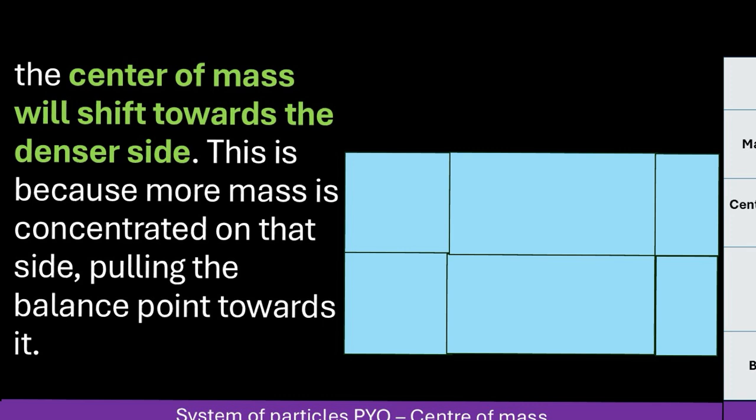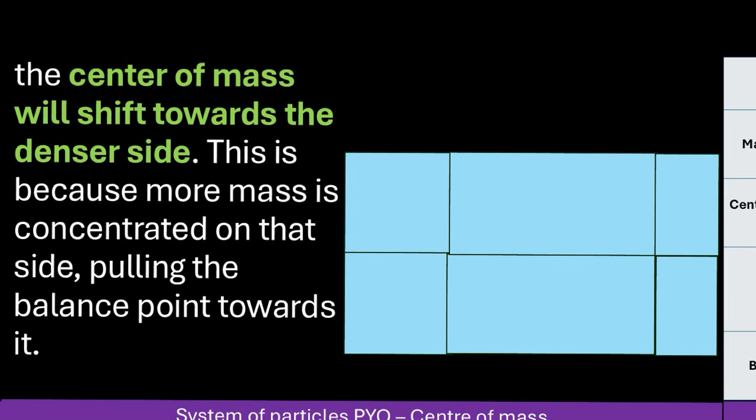Now, if the weight distribution is not uniform, then the center of mass will shift towards that side which is more dense. This is because more mass is concentrated on that side, pulling the balance point towards it.